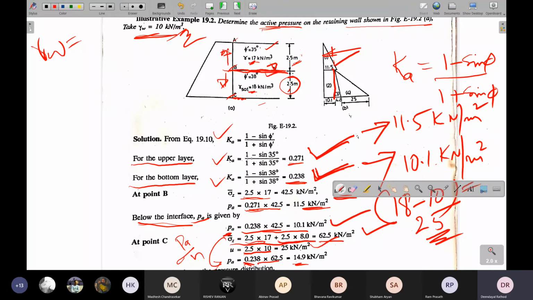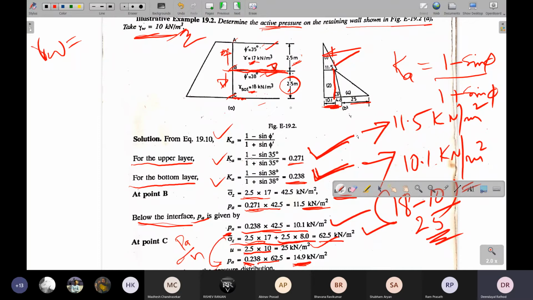If both phi's are equal, then you will not get it. Why are you not taking it in the previous example? Because both phi values are same. With phi value only it changes, right? Then you will get this 14.5. Here this is 25 and this is 14.5.